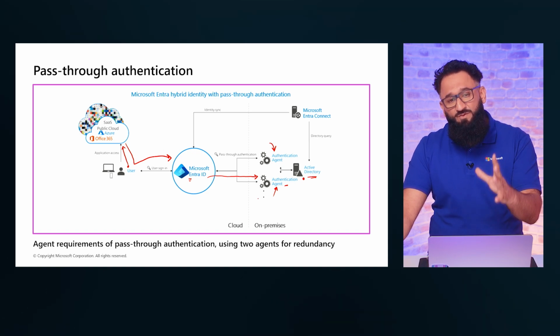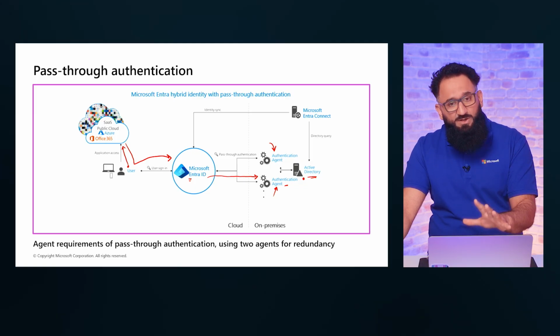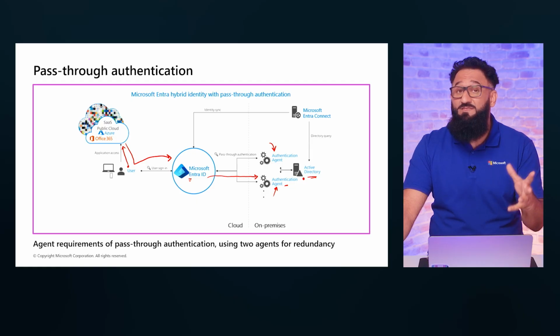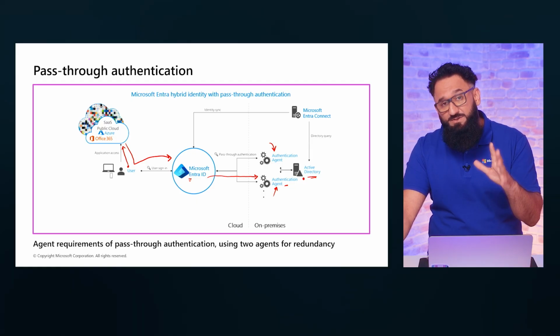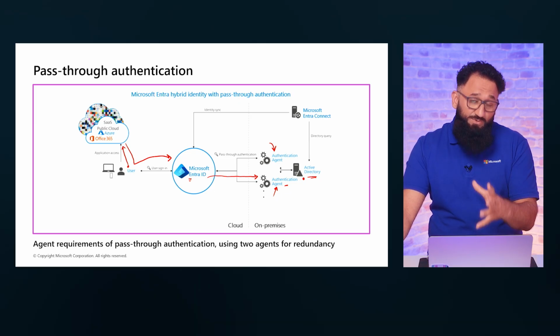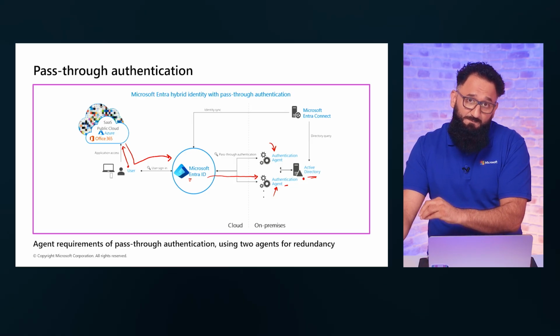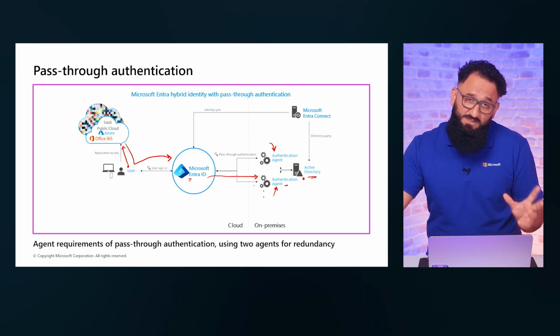Now, if for any security reasons or any scenario, you require the authentication process to not happen in the cloud and happen on-prem, then password hash synchronization might not be a solution for you. You might look at pass-through authentication, which passes the authentication process to happen on-prem, and this is where the users will authenticate themselves on-prem and not in the cloud.